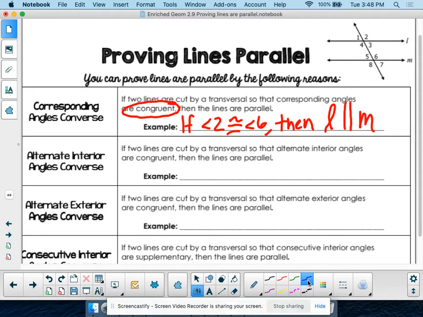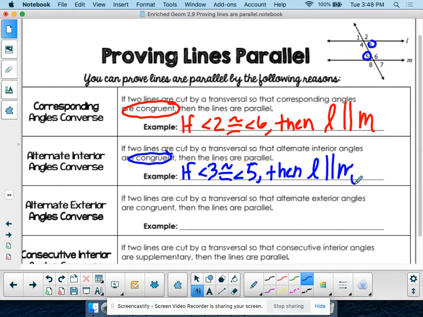All right. Alternate interior angles converse. If we have alternate interior angles that are congruent, then lines are parallel. Let's pick a pair. Let's do 3 and 5. If angle 3 is congruent to angle 5, then what lines are parallel? L and M. Beautiful.